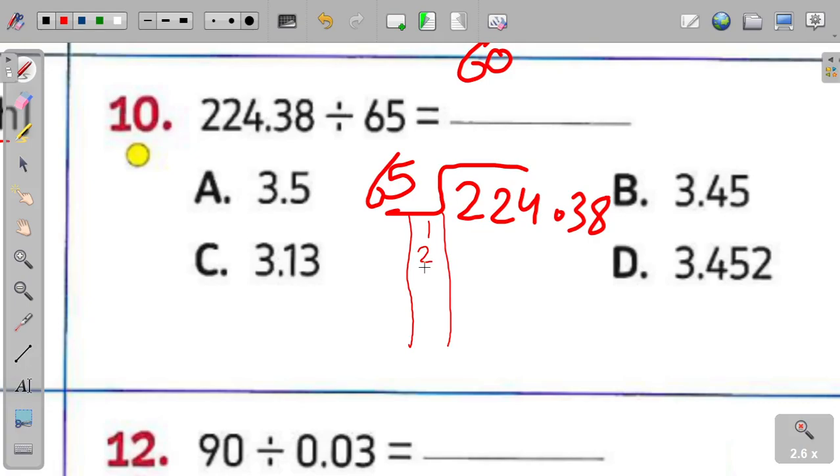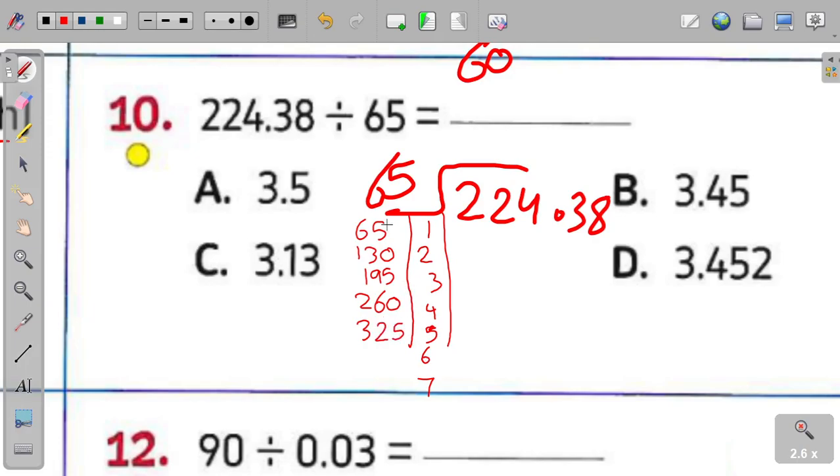So I have 1, 2, 3, 4, 5, 6, and 7. 1 times 65 equals 65. 2 times 65 equals 130. 3 times 65 equals 195. And 4 times 65 equals 260. 5 times 65 equals 325.